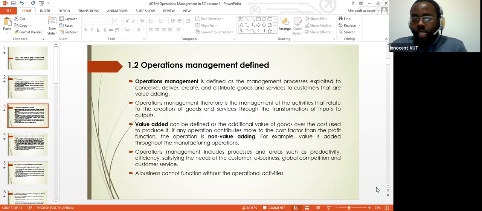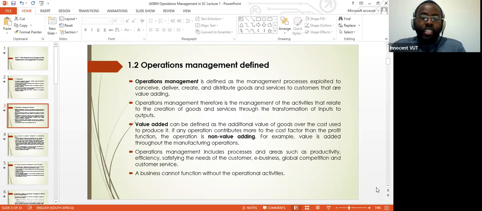Operations management includes processes and areas such as productivity, efficiency, satisfying the needs of customers, e-business, global competition, and customer service. These all are processes that we can find in operations management.